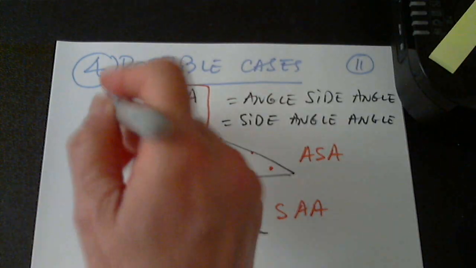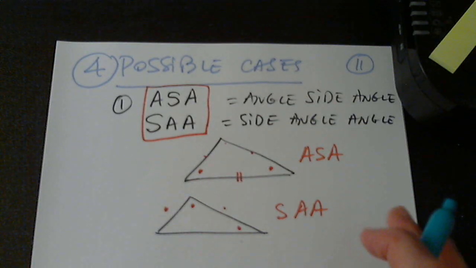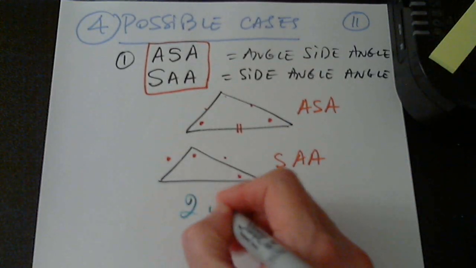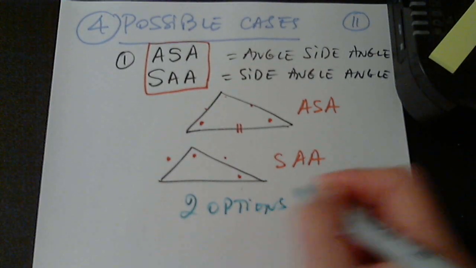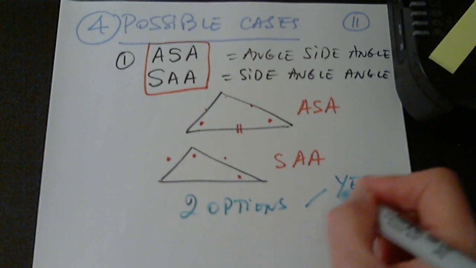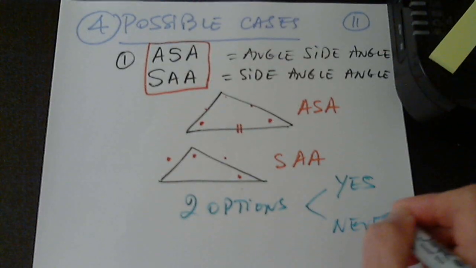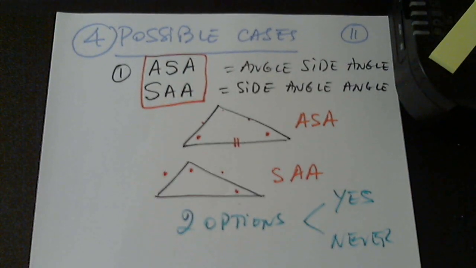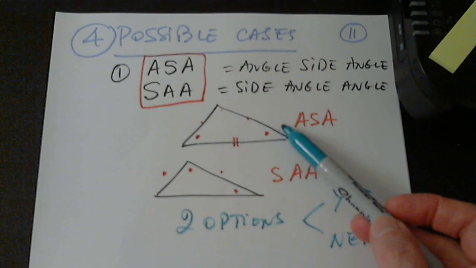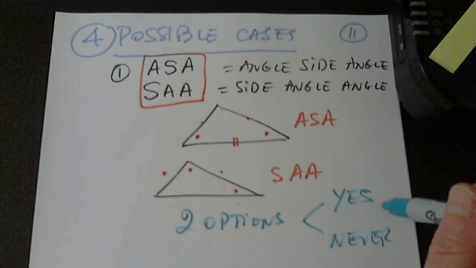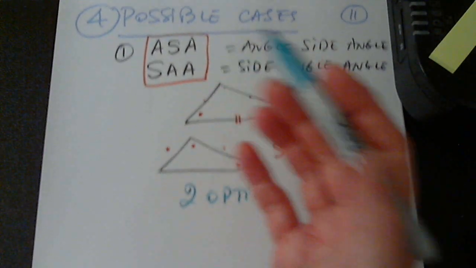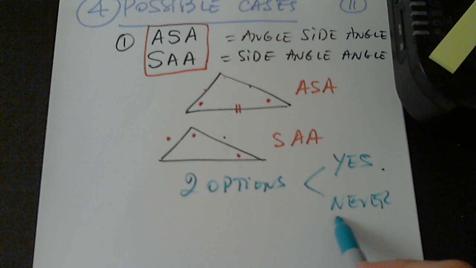Now, this case has two options. Yes or no. What does this mean? I'm given the information and I can find the angle. Or I'm given the information and I say, wait a minute, that's not possible.